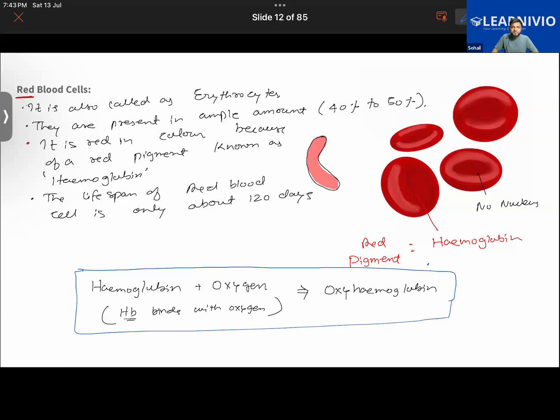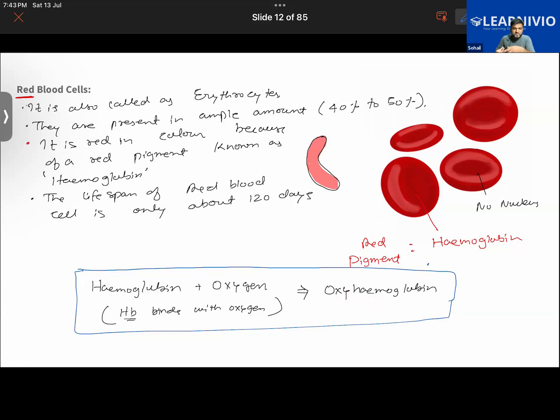What happens in breathing when you are inhaling oxygen-rich air? The oxygen binds with hemoglobin found in our red blood cells, and thereby it becomes oxyhemoglobin.